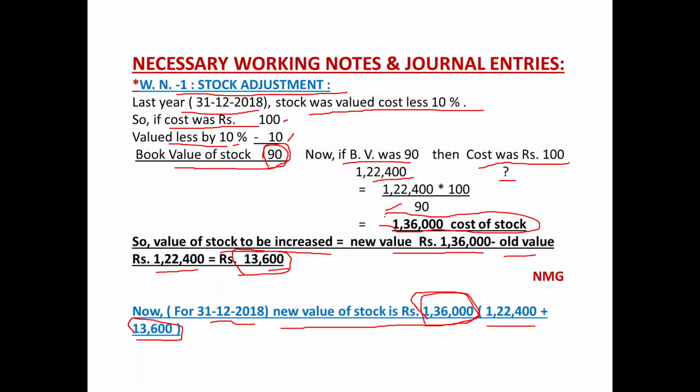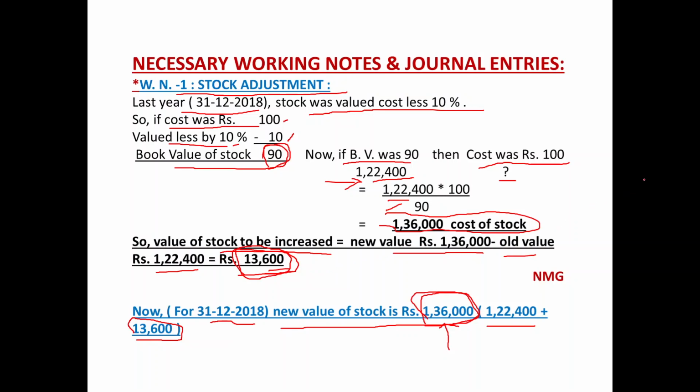So earlier it was 1,22,400 shown in the balance sheet, and now if we have to value that stock at its cost price, the value is 1,36,000. So by 13,600 we have to increase the value of the stock. It was the closing stock of the last year, means it is an opening stock for the current year.